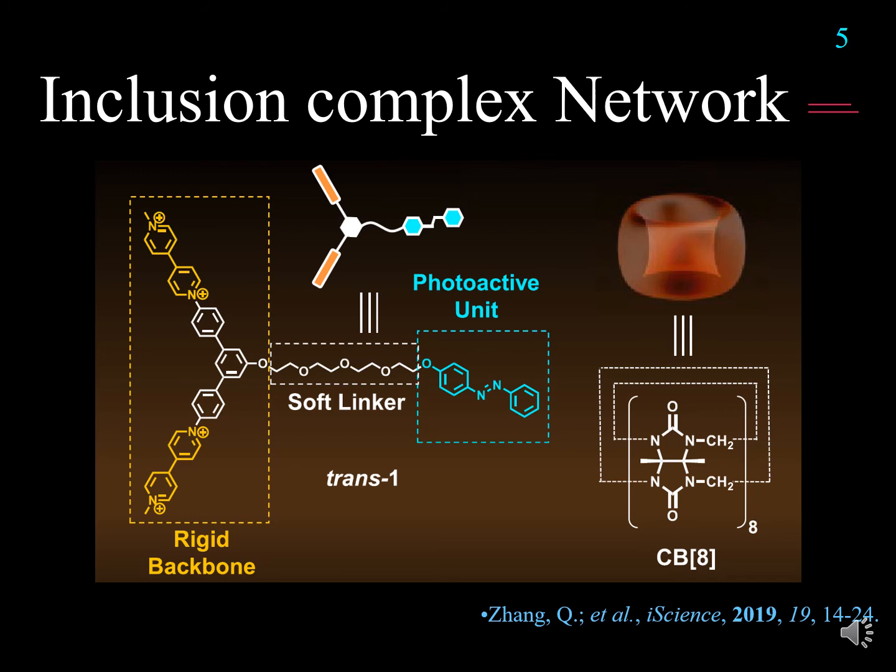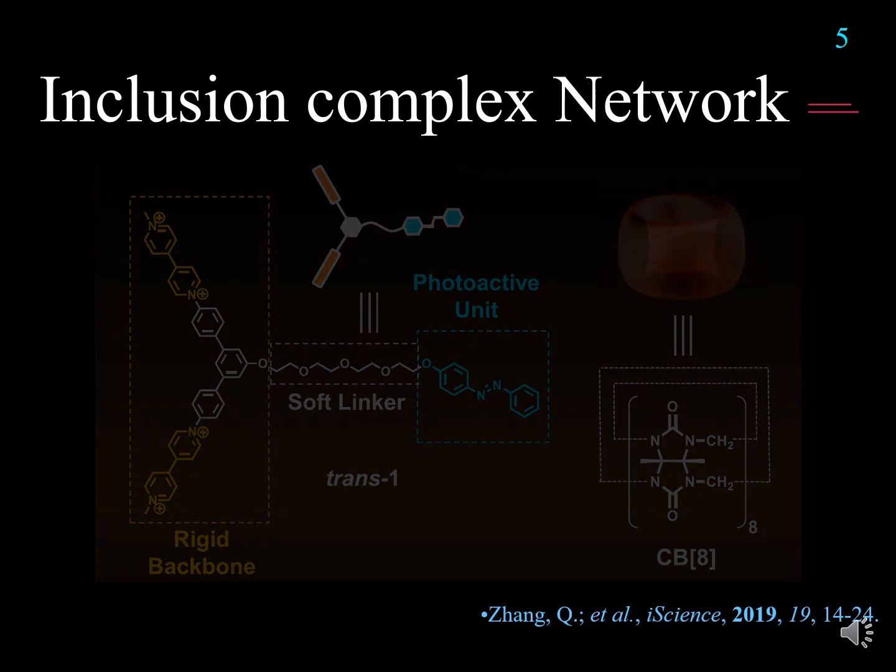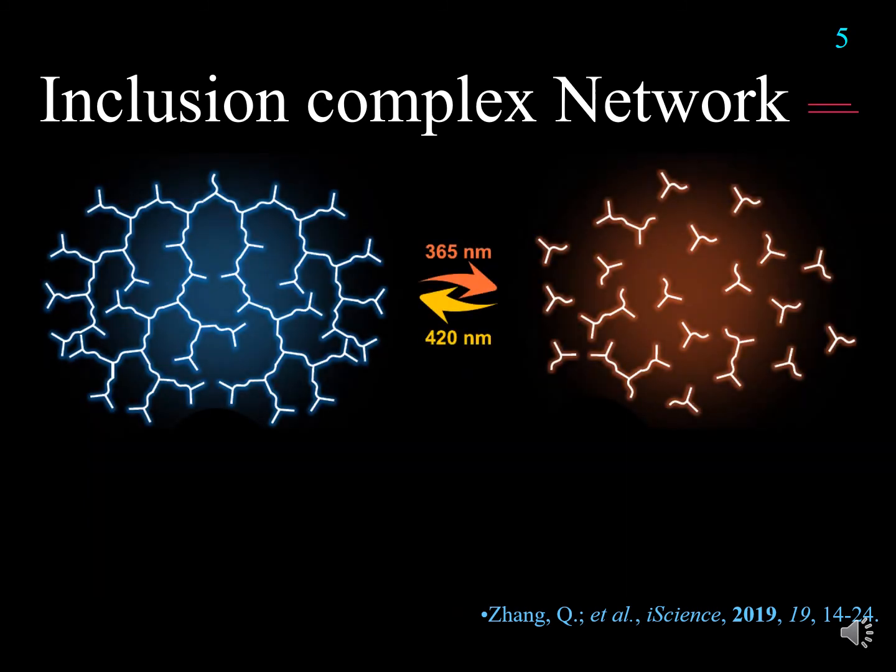The question is, what happened in this system? Why can 365 destroy the network, and why can 420 reconstruct the network? First of all, you have to identify the complexation. I want you to think about two units of trans 1 complexed together in the hole of the cucurbituril first, and then think about the photoresponse at two different wavelengths later, right?